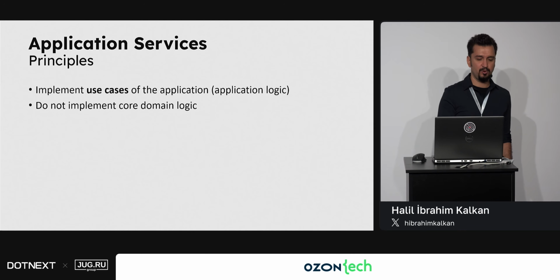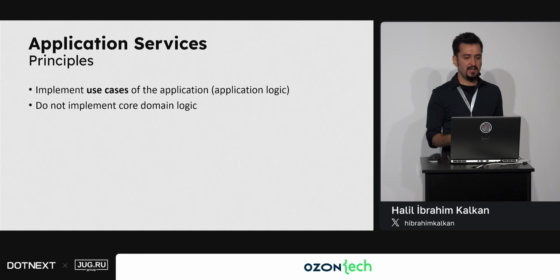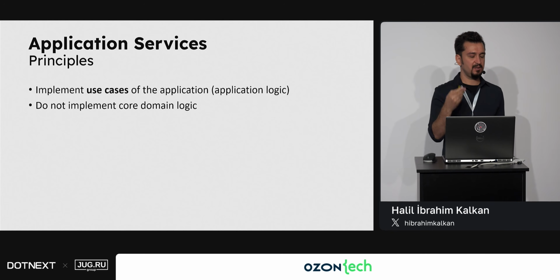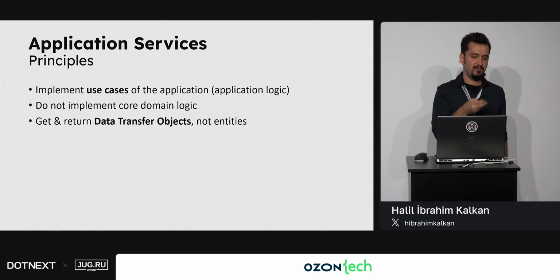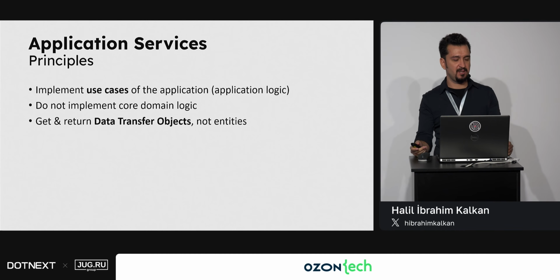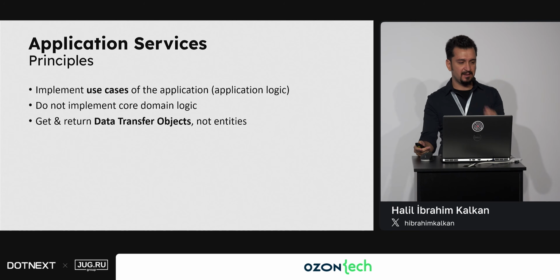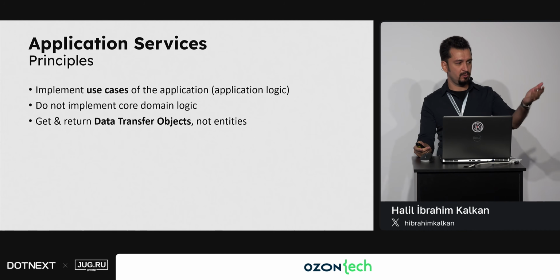We will come to that point. But remember that we should not implement core domain logic in application services. In application services, we typically get data transfer objects, not entities, because we don't want to expose our entities to upper layers.